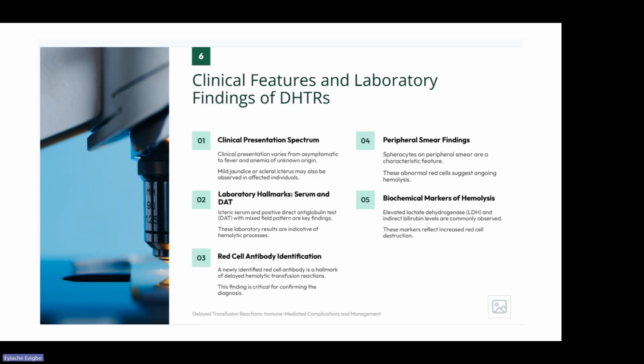So if we can identify or prove the existence of a new antibody that was not there at pre-transfusion screening, it confirms our suspicion of a delayed hemolytic transfusion reaction. We also find spherocytes on peripheral blood smear.